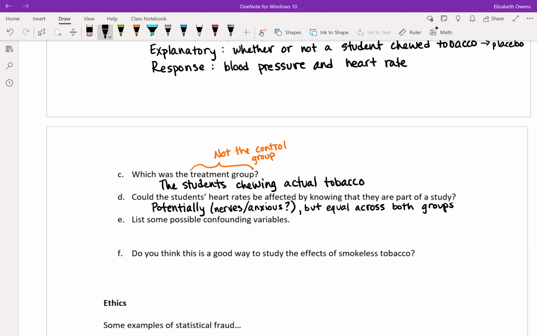Some that I've thought of would be if students are already used to tobacco or nicotine. That's kind of a big one. Do they have a tolerance already? Could have an impact for sure. So already a nicotine or tobacco consumer.